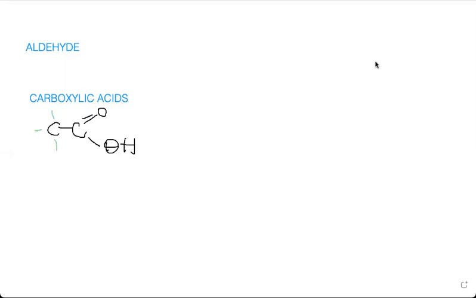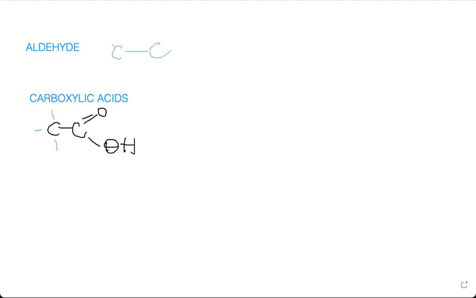What is aldehyde? Aldehyde has a little similarity to carboxylic acid. You can see the carboxylic acid, and now you can see the structure of aldehyde. Let's make it with ethane so that you can learn it.